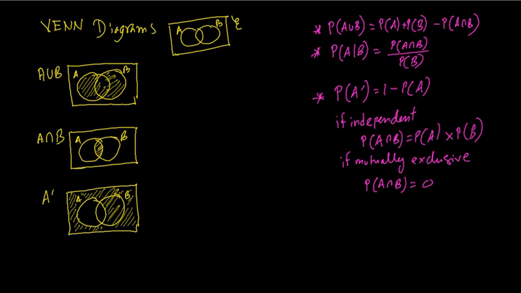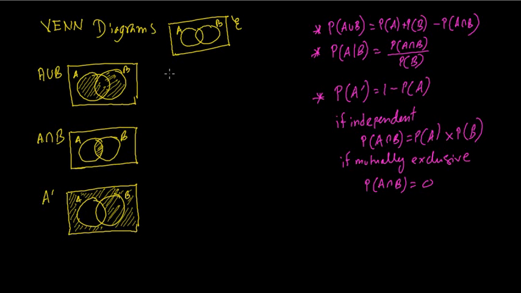Apart from that, there are 6 more Venn diagrams that you need to memorize. But in these 6 cases, you will also need to know the probabilities of them. A union B, A intersection B, A prime is covered by these formulas. So you will not have to use the Venn diagram to find the probability of these.